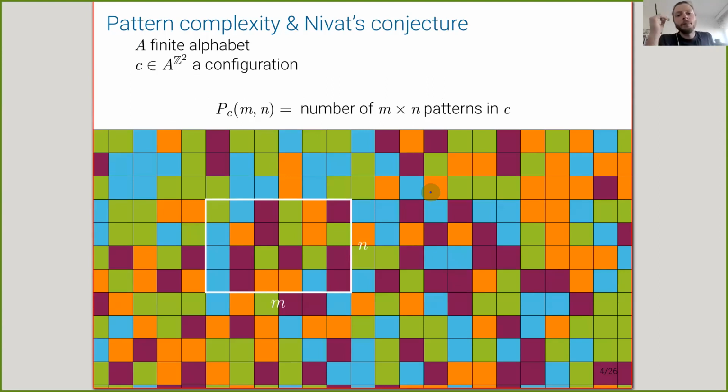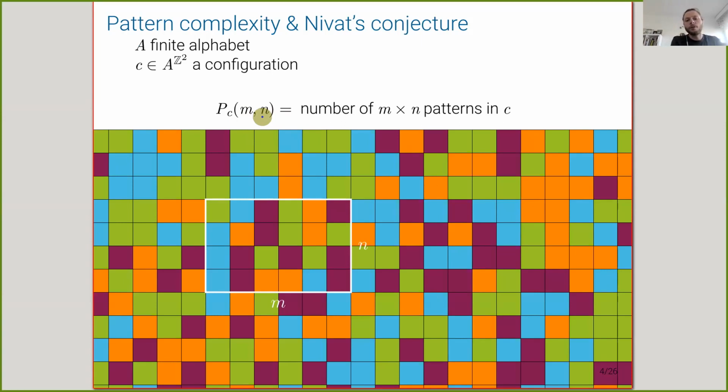Then the other big definition I need is also very simple. It's defining the pattern complexity of a configuration. The pattern complexity is just the number of rectangles of a given size m by n that appear in our configuration.